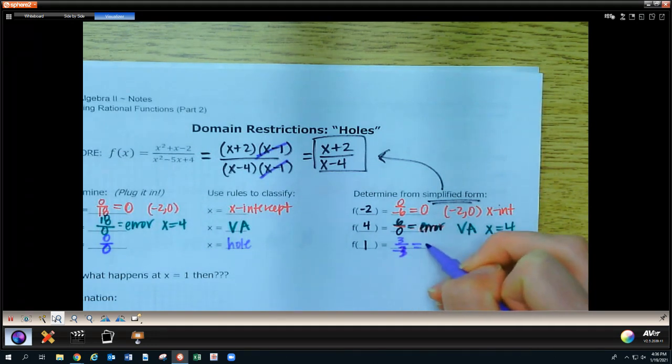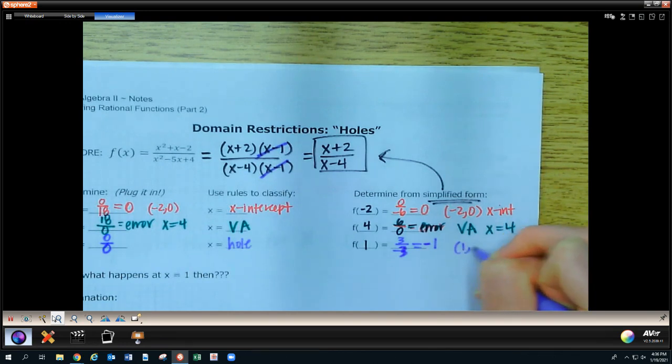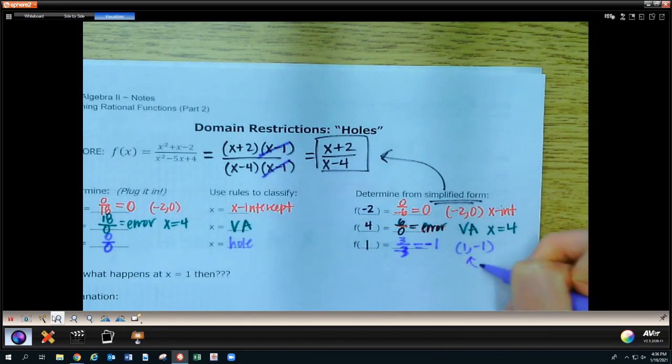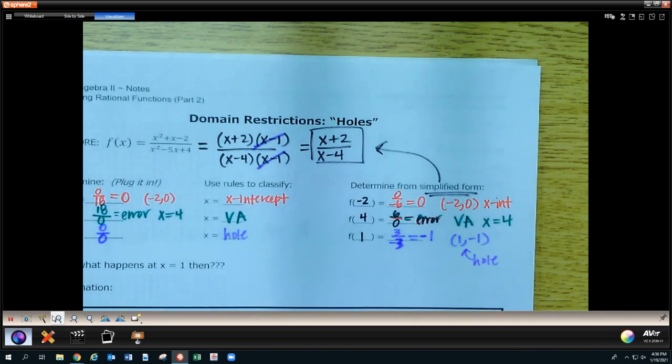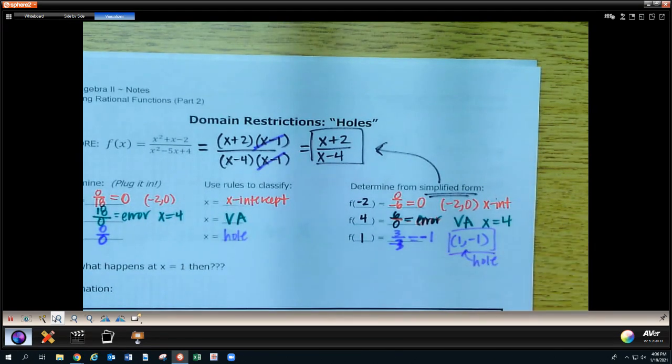Sorry, thinking ahead. Which gives me negative 1 when I simplify it. Okay, and so that means we have the point (1, -1) on this simplified form. And so what this actually gives us is the coordinates of the hole in the graph. Okay, there's going to be a little open circle on our graph at this point.